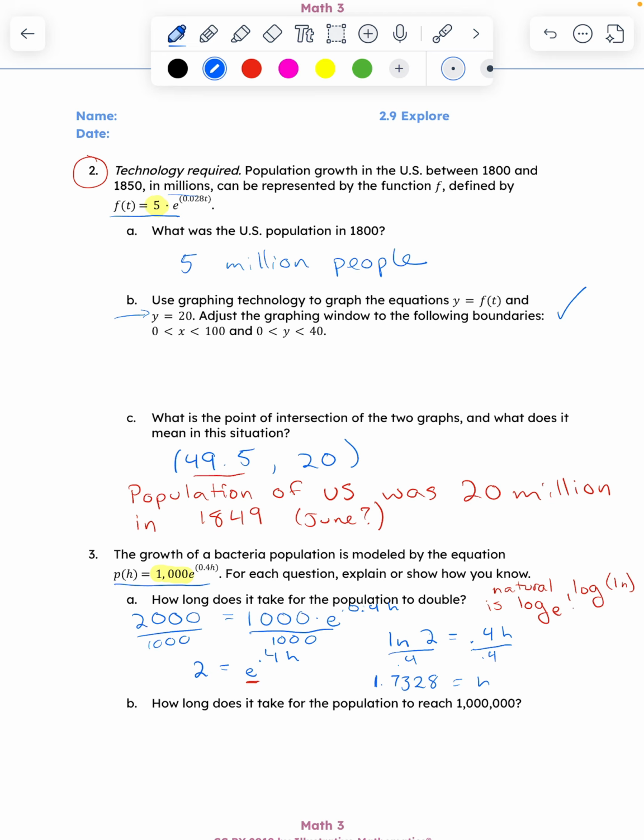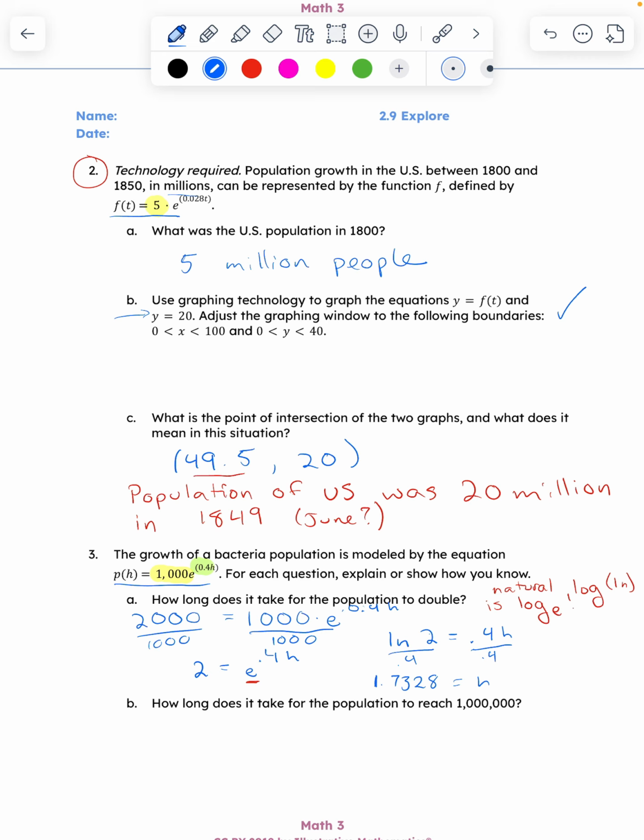And that makes sense, close to 2 hours when I have continuous compounding of a 40% growth rate. And we can see that 40% growth rate in our initial equation. Highlight a different color. That 0.4, that's our r, right? Represents a 40% growth rate. So this is growing pretty fast, so it's not surprising that it wouldn't take too long to double.